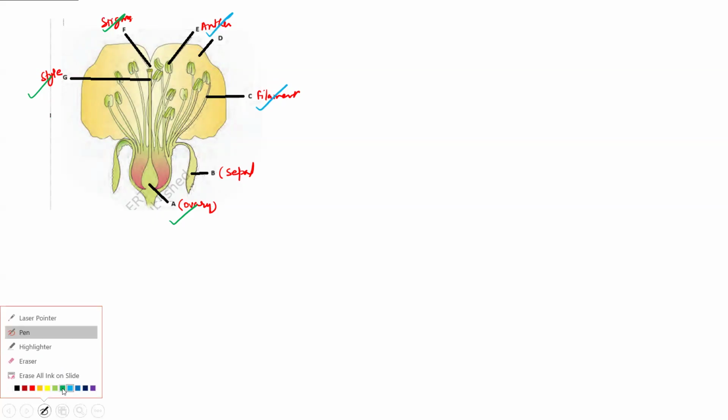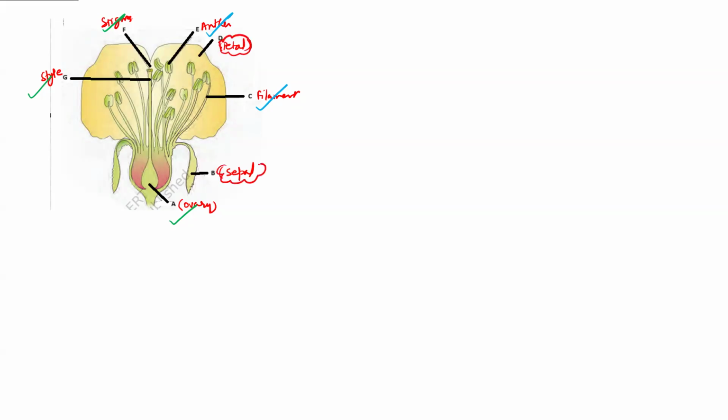Sepal, and what is the D part left out? That is known as petal. These are the parts of the flower. Sepal and petal are the accessory whorls, and filament and anther together are known as stamen, and ovary, style, stigma together are known as gynoecium. See, this is the diagram based question, which I hope you have understood for labeling.